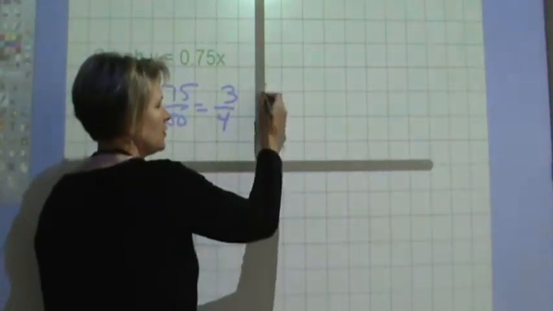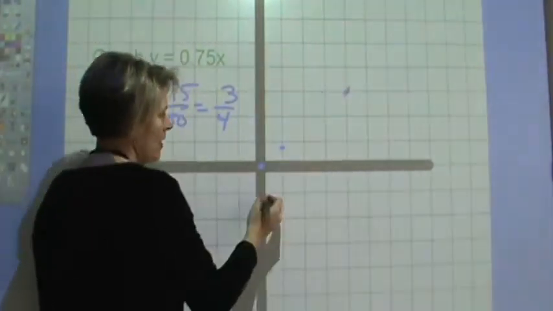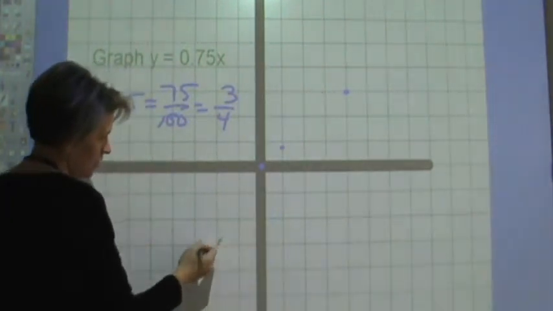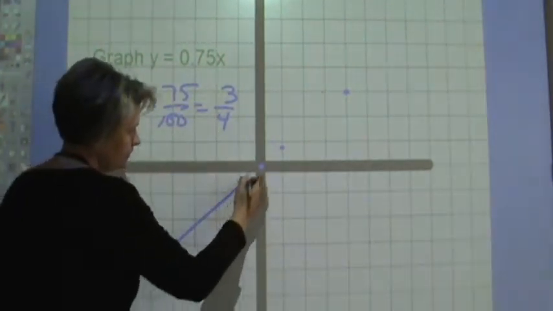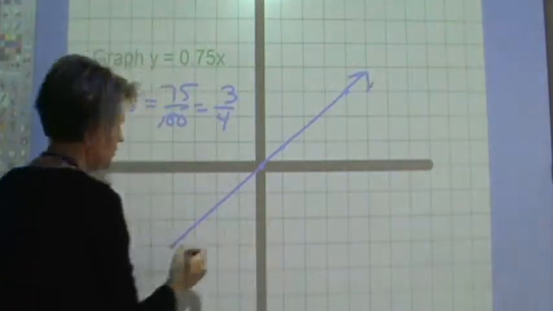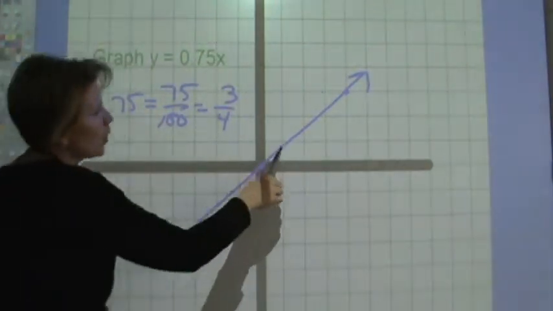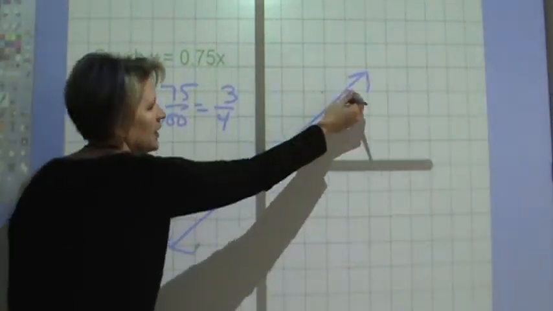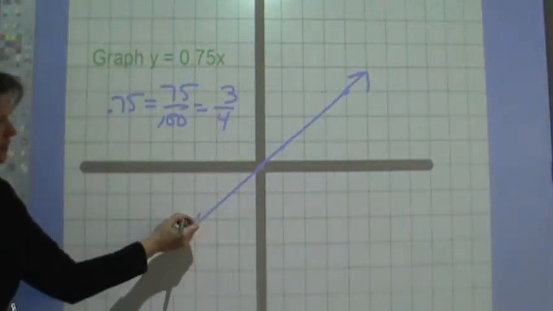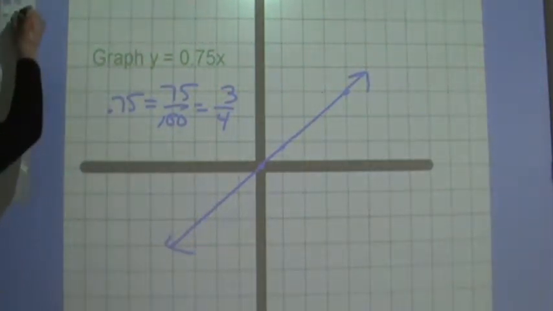So 1, 2, 3, over 1, 2, 3, 4. And there's your line. This will work, it's just that changing it into a fraction will get you to a nice spot to count.